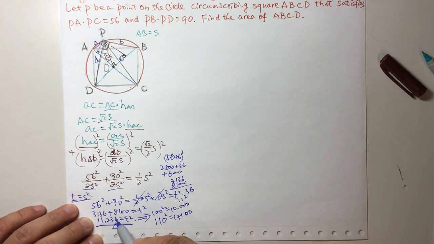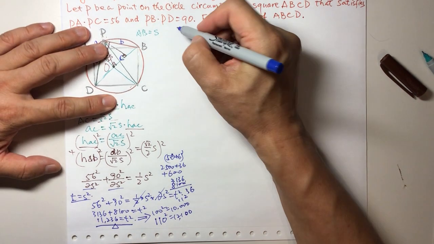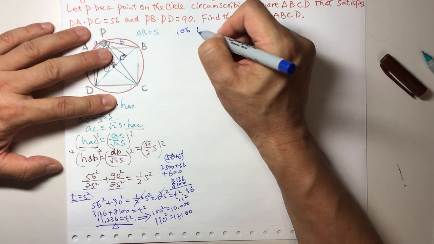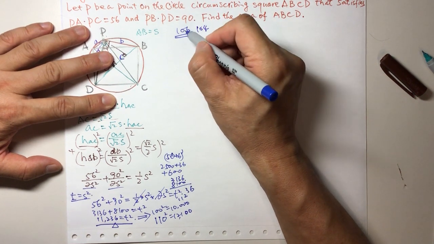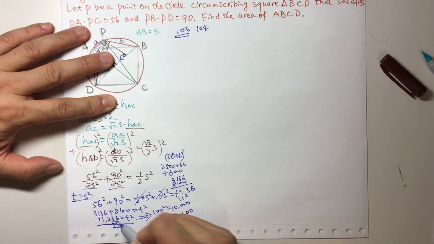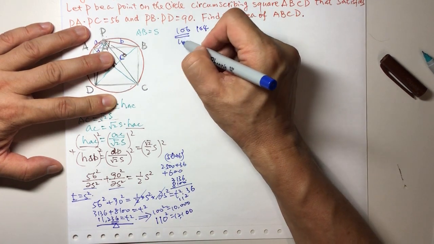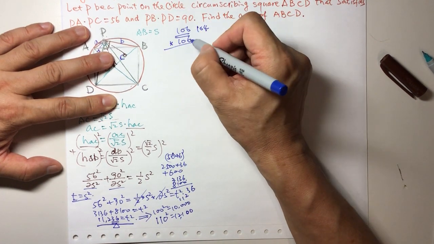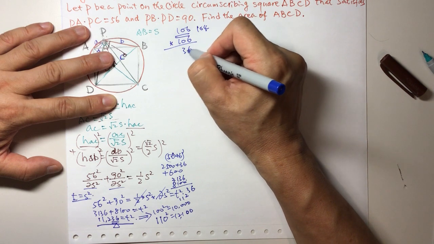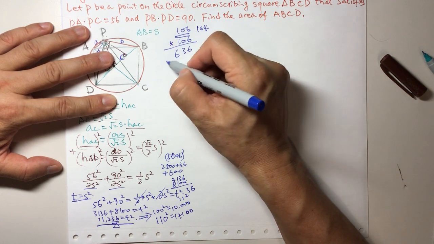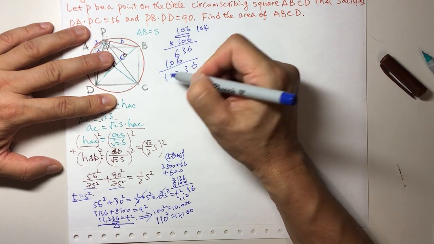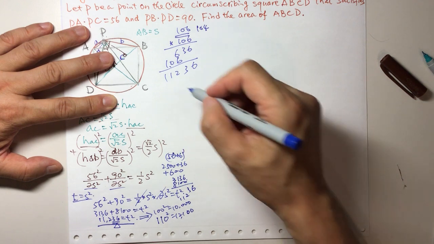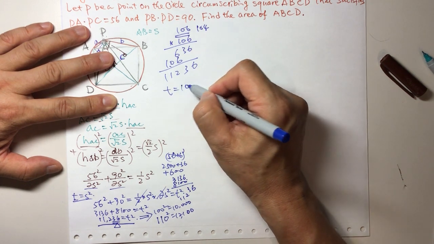And the last digit is 6, so it can only be 104 or 106. Because the last two digits are 36, it looks like 106 times 106. Let's check. Yes, so t equals 106.